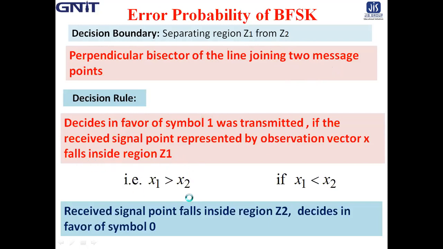That means x1 greater than x2. Now if x1 is less than x2, then the received signal point falls inside region Z2, and the receiver takes the decision in favor of symbol 0.